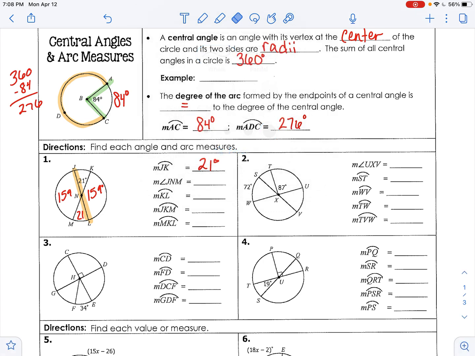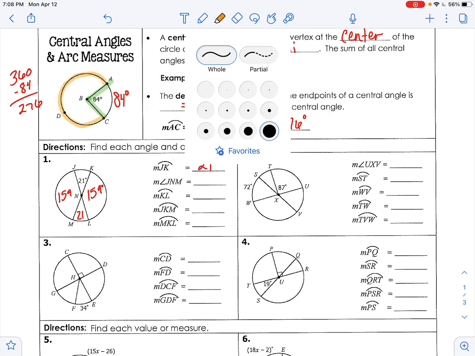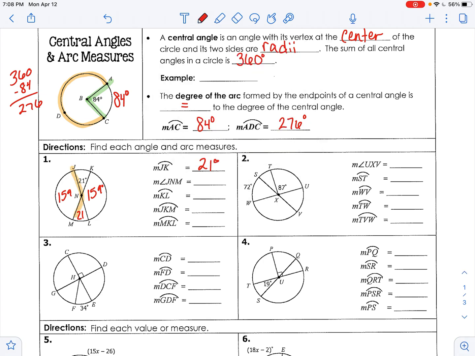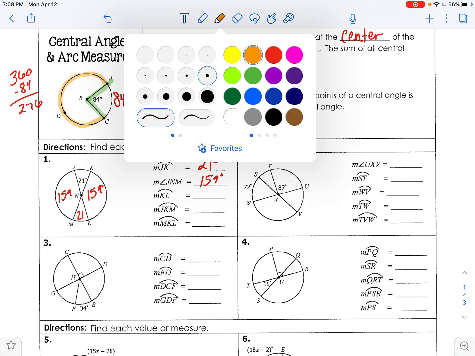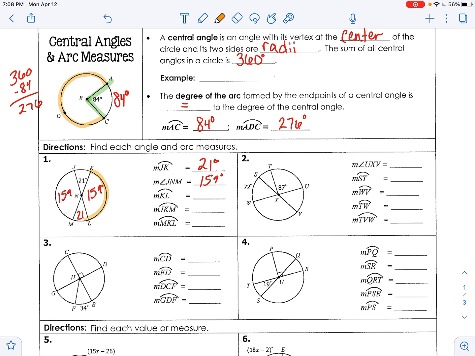Now what we can do is we can find all of our different arc measures. So let's do that. JM is a central angle. So JM is 159 degrees. And then you've got arc KL, minor arc KL, is also 159 degrees.